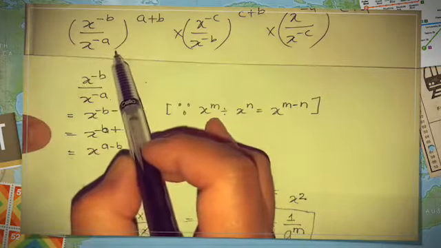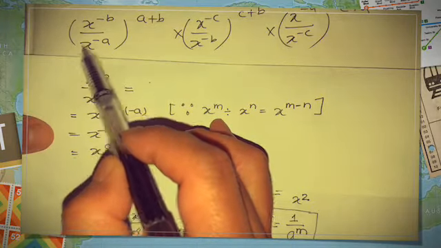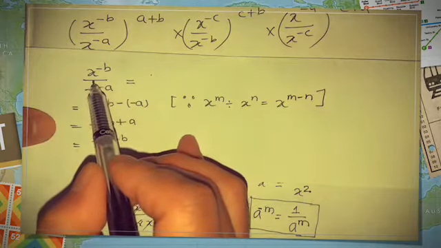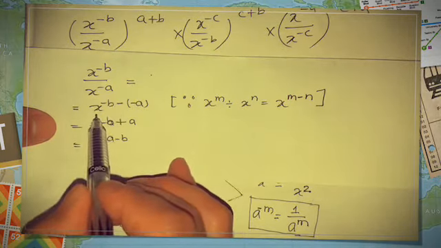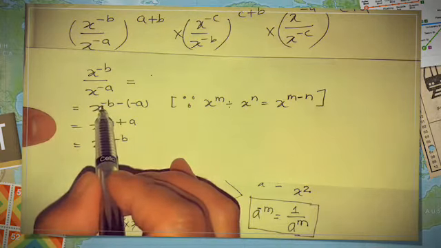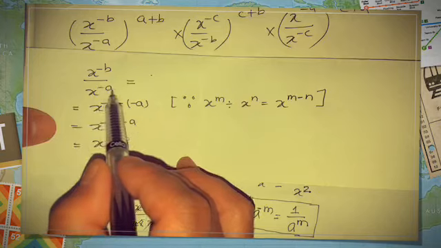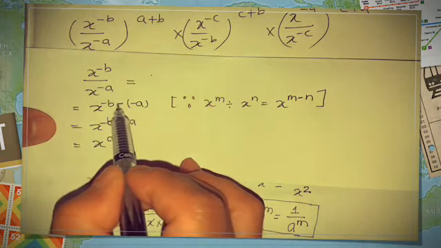And here in the questions, we have to work inside the bracket. So inside the bracket, we have x to the power minus b and x to the power minus a. And x to the power minus b minus here negative power, so it should be subtracted.